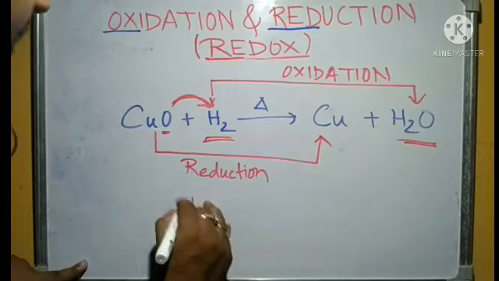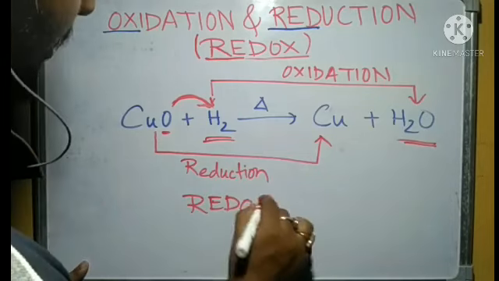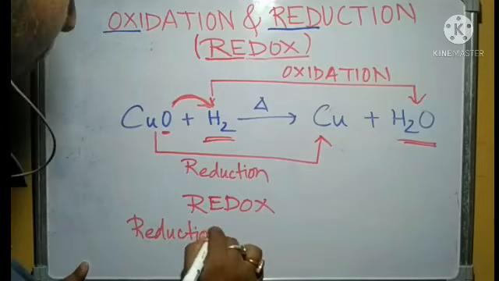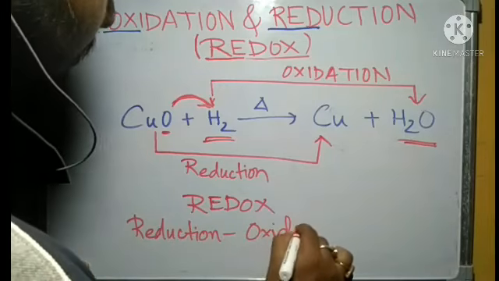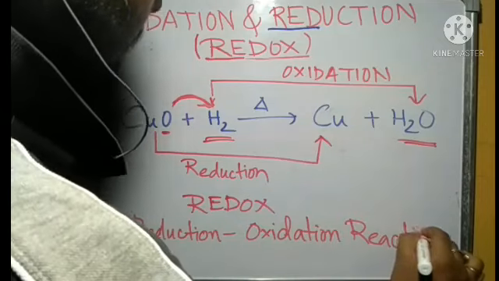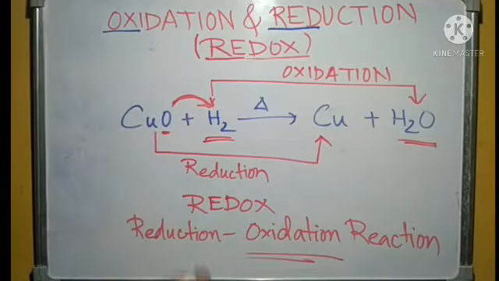So such types of reactions are known as redox reactions, or if we extend it, reduction oxidation reaction. You can simply in short form call it redox reaction, or if you want to write it in detail, then you can write it as reduction oxidation reaction. Why?